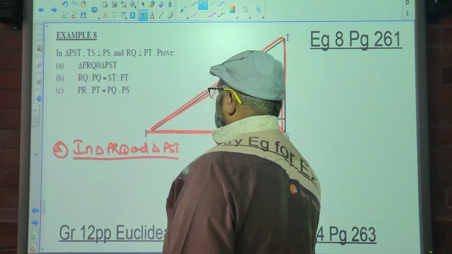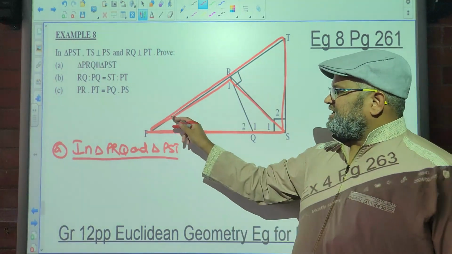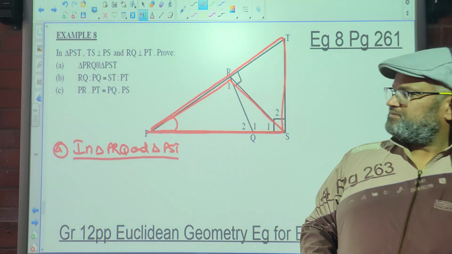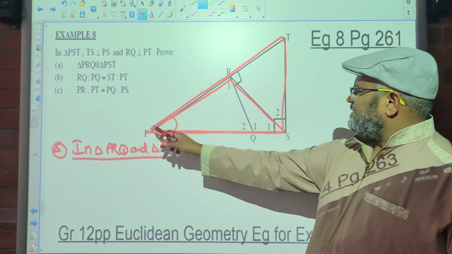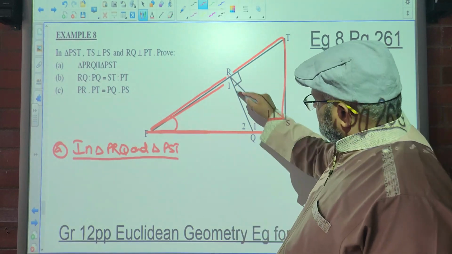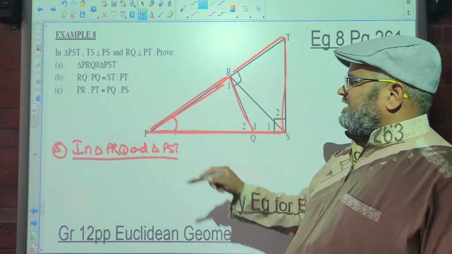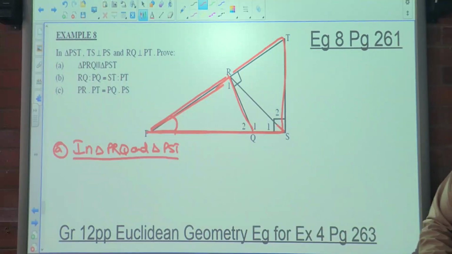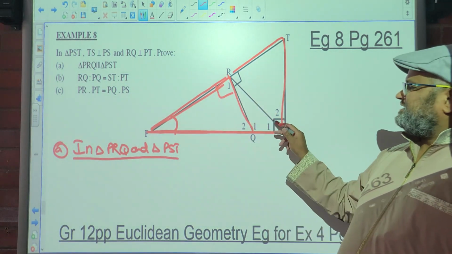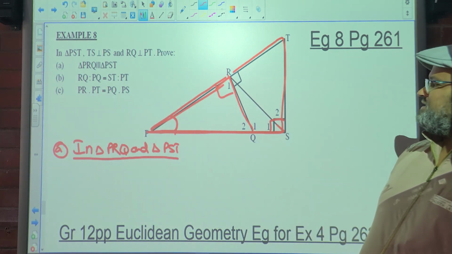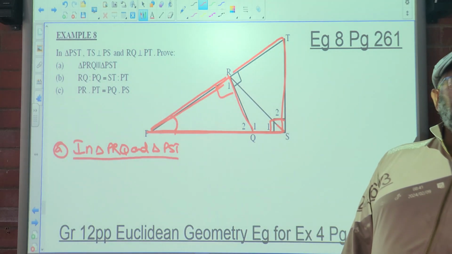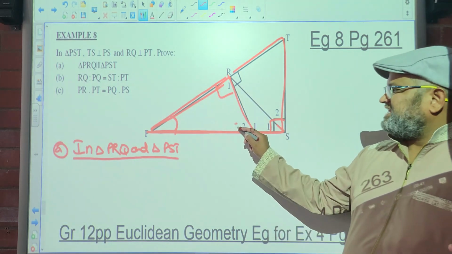So of the two triangles, what do we know already? We know that angle P is a common angle. What else do we know? R1 is 90 degrees and S is 90 degrees. So if two angles are equal, automatically the third has to be equal.